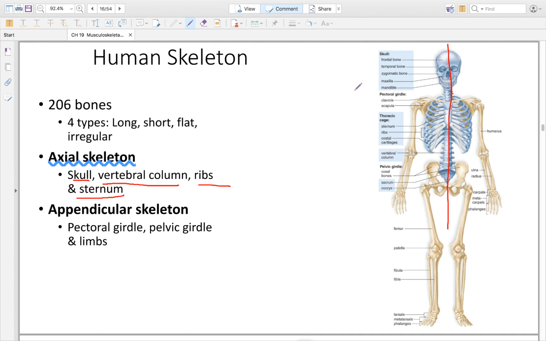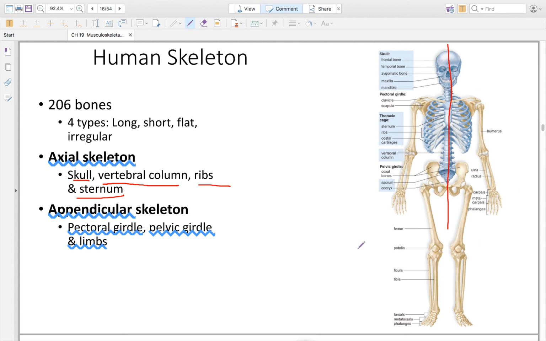So you see the axial skeleton highlighted in blue. Then we have the appendicular skeleton, which is basically your limbs. That's going to be the entire pectoral girdle and all of the limbs involved, and the pelvic girdle and all of the limbs involved. So in this image, you'll see the axial skeleton in blue, the appendicular in this off-white beige color.